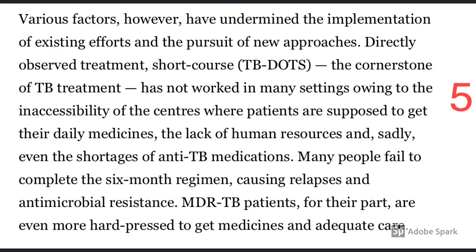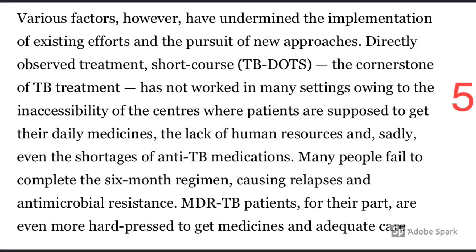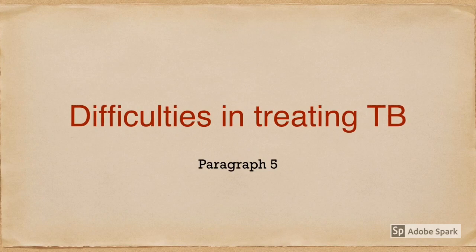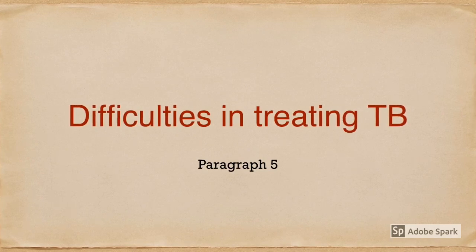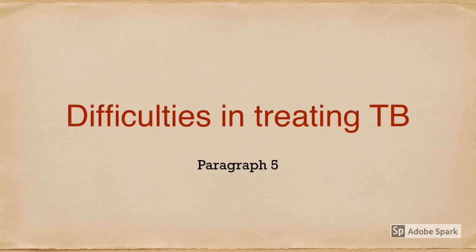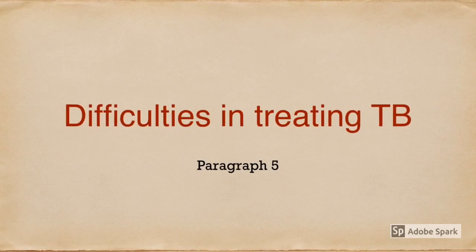It mentions the shortage of anti-TB medications. It mentions that people fail to complete the regimen due to their own limitations, which leads to relapses and then furthers the complications. So, in short, the point of the paragraph is the difficulties in treating tuberculosis, or in other words, further reasons why TB is spreading.